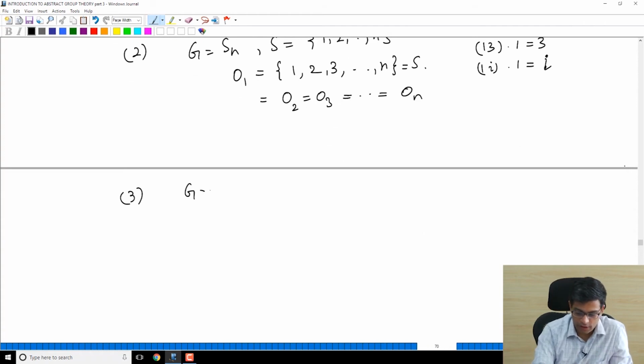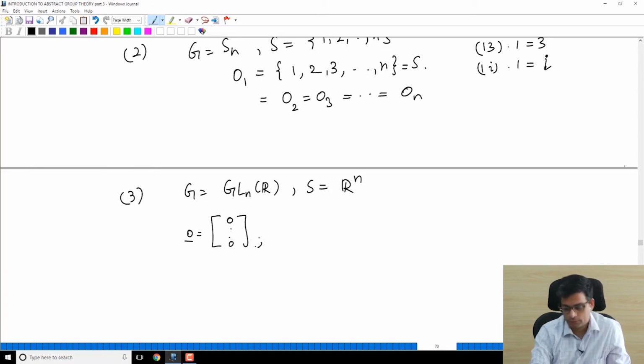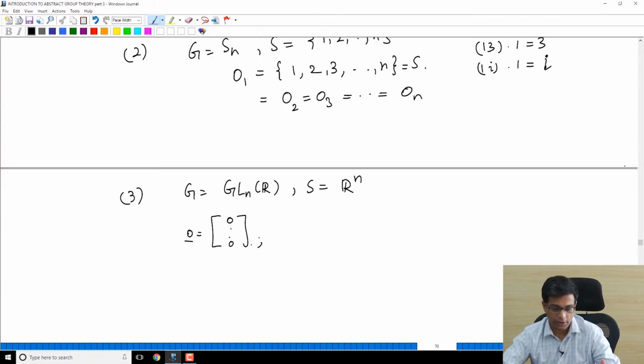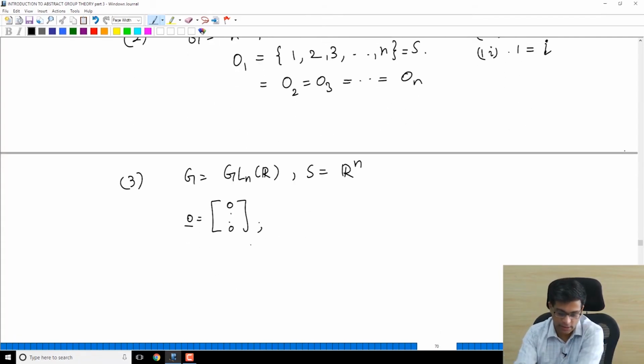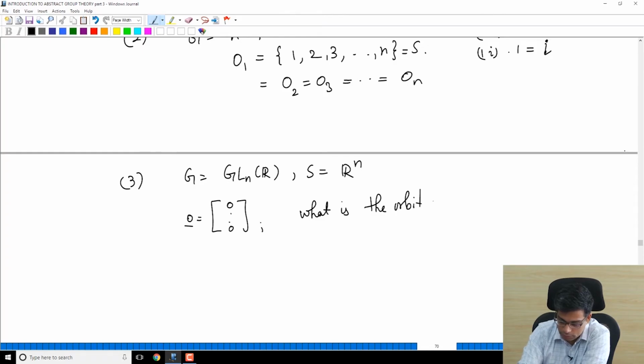In the third example we have G is GL_n(R) and S is R^n. If you take the 0 vector, okay, in the previous 2 examples you might think that the orbit is always equal to the whole set, but that's not necessarily the case. So what is the orbit of 0? If you take any matrix A and multiply by 0, you get 0, right?